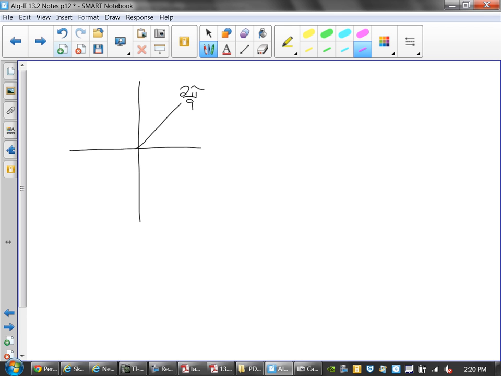So I'm going to use 2 pi over 9 as our example. 2 pi over 9 is right there. It's in the first quadrant. The next positive value that has that as a terminal side would be 2 pi away from it. Do you agree? So instead of adding 360 to 2 pi over 9, I'm going to add 2 pi because it means the same thing.